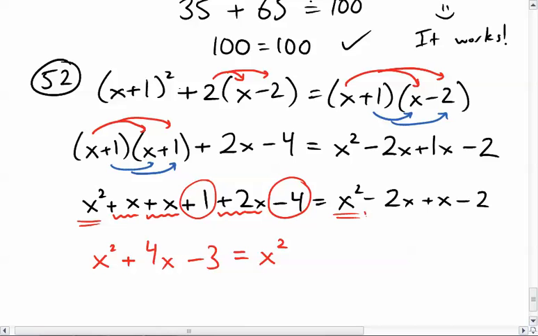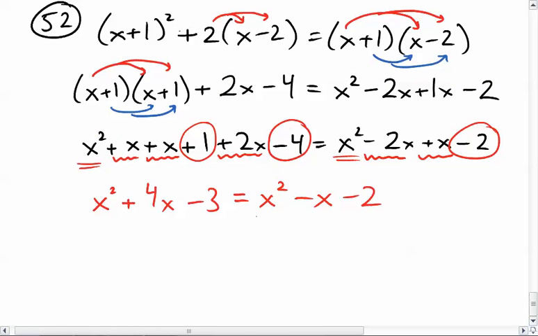I've got negative 2 plus 1 x's, which is negative x. And then I just have this negative 2 by itself. So the first thing I'm going to do here is take the x squared onto the left-hand side. What's nice about this is that x squared minus x squared is 0. So because I only have 1x squared on each side, they cancel each other out.